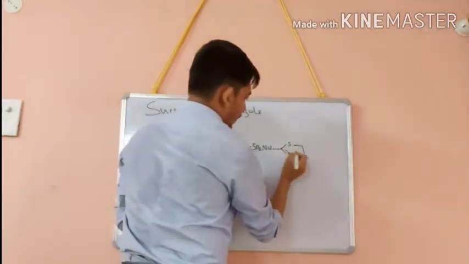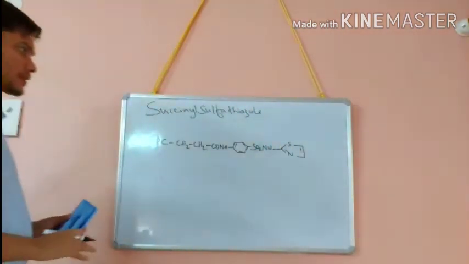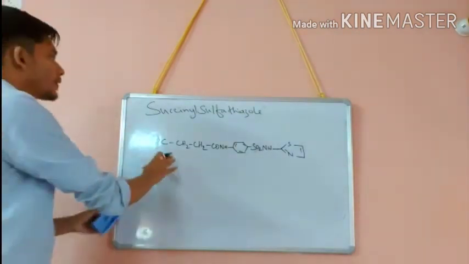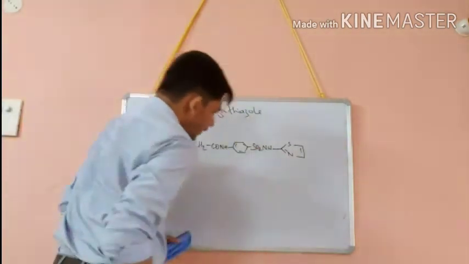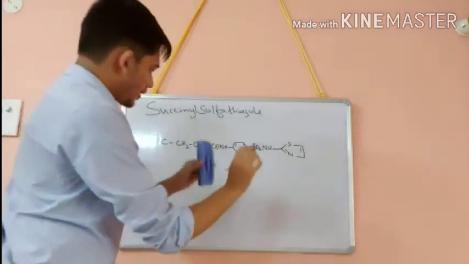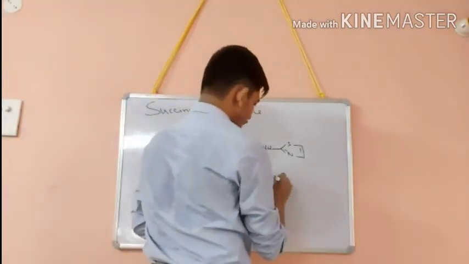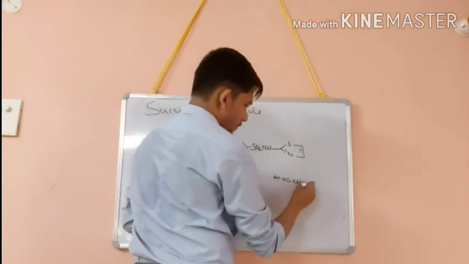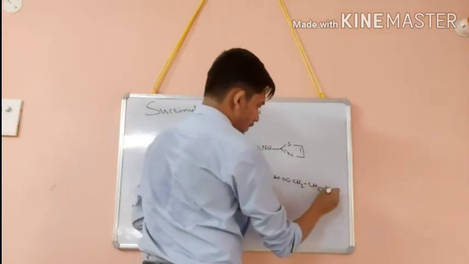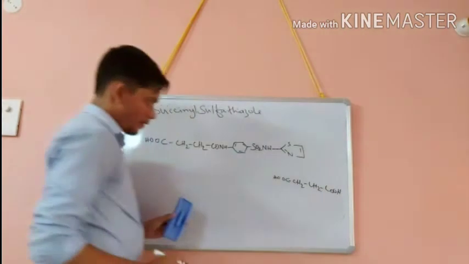So this is the structure of your succinylsulfathiazole. So again I will draw two structures. COOH, then CH2, CH2, COOH.